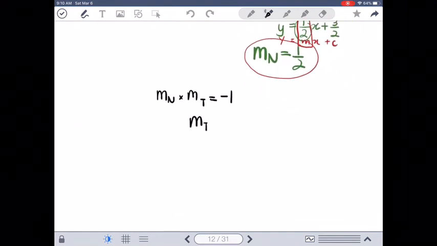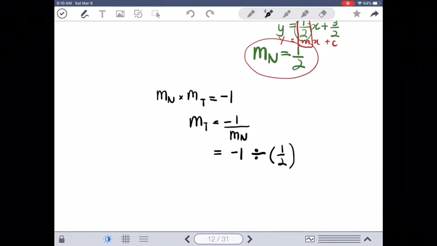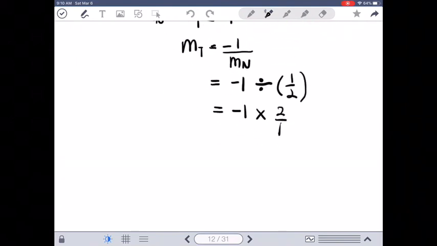So mt is just equal to -1 divided by mn. Our mn is 1 over 2. Therefore, -1 times 2 over 1, we get the gradient as -2. This is the value of mt.